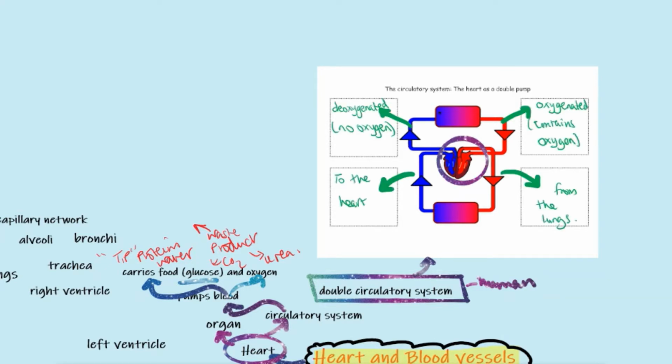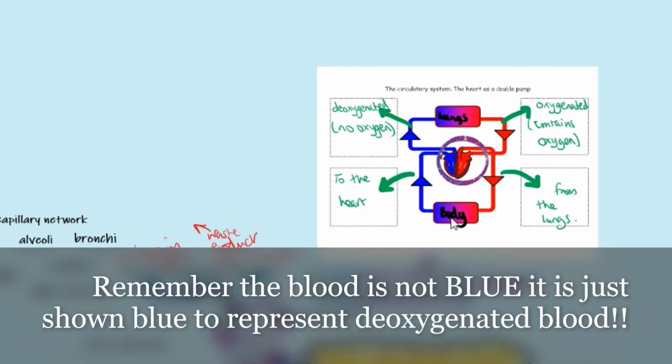If we label this box here as the lungs and we label this box here as the body, you can see that we have an area which is shown as blue on one side and red on the other side.